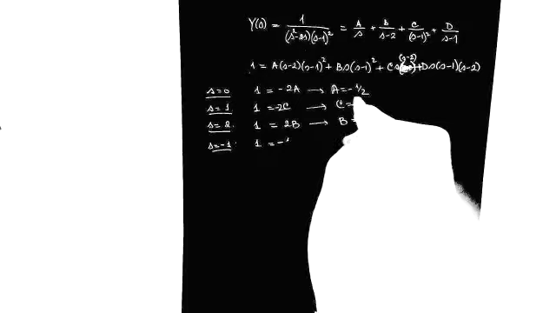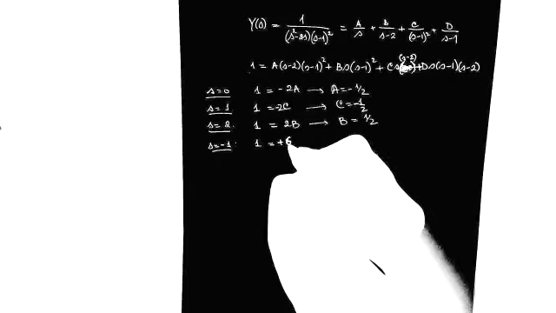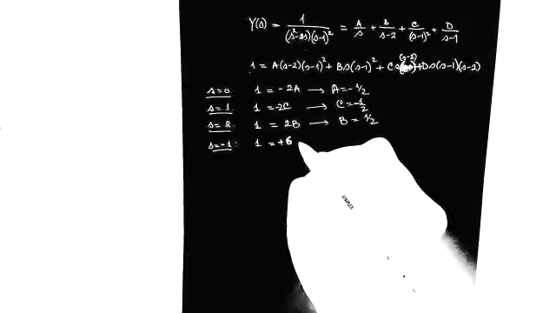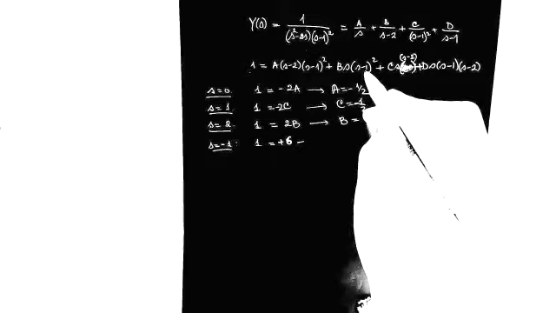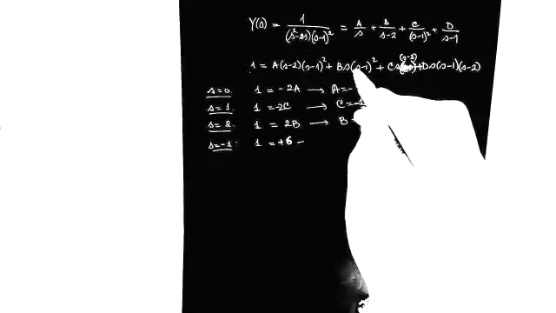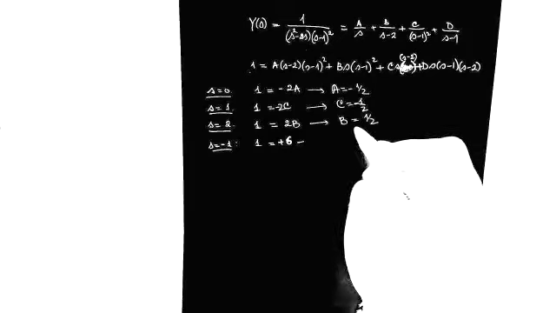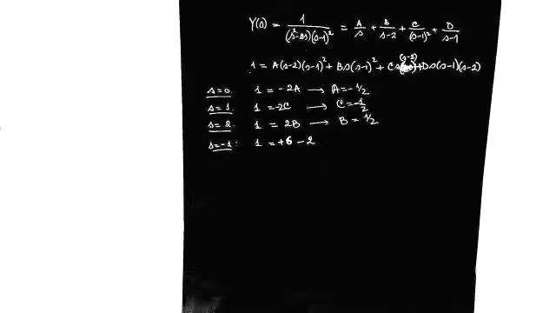And A is -1/2, so that's +6. And then you get to B, s minus 1, that's squared, so that's 4 times 1/2, so that's -2.